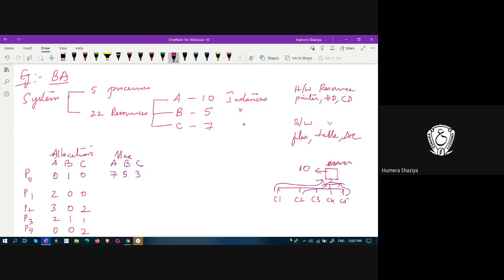Here C1 is sending a request to the server that it requires 7 instances of a resource. P1 has 3 2 2, then 9 0 2, 2 2 2 and 4 3 3.